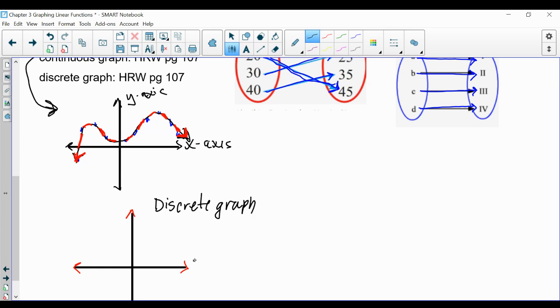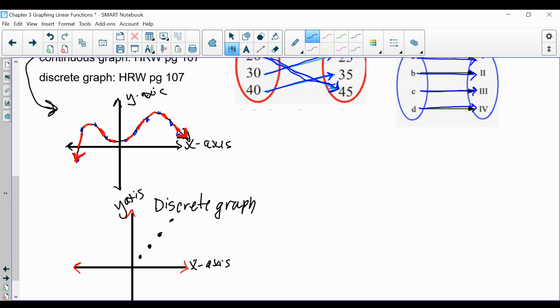Okay, this is my x-axis. This is my y-axis. What a discrete graph says is, if I have a point, I have a point, I have a point, I have a point, they're not connected. These points are not connected. They're just individual points, and we keep them as individual points.